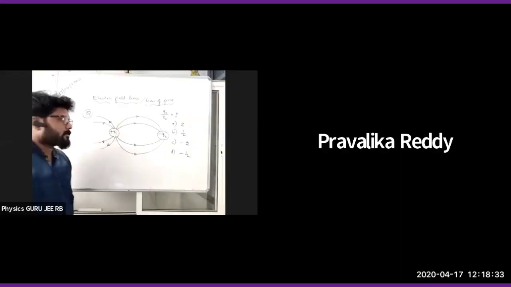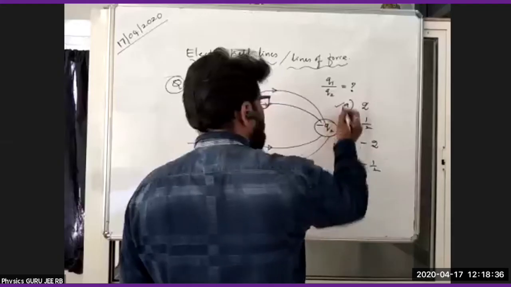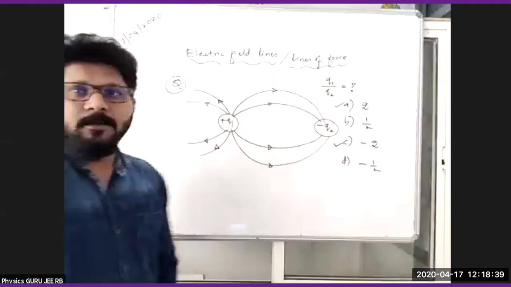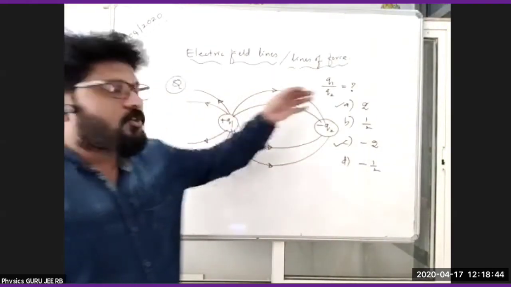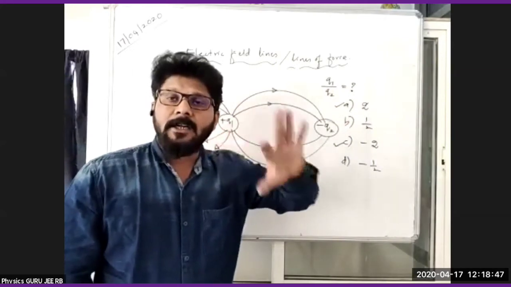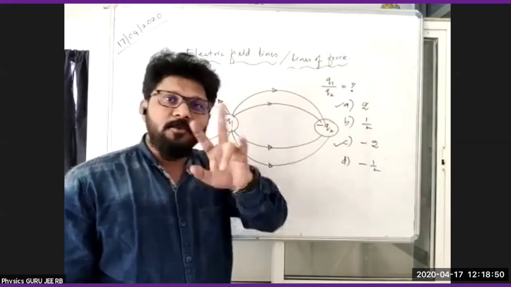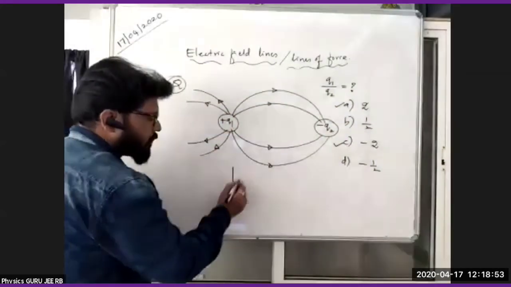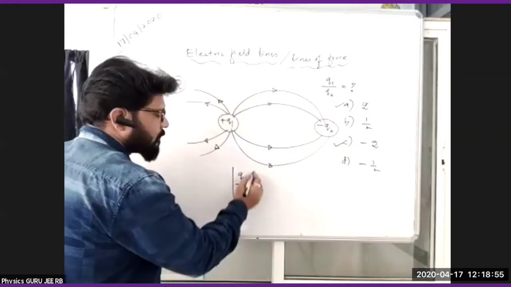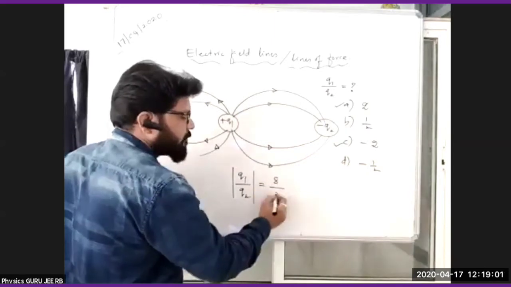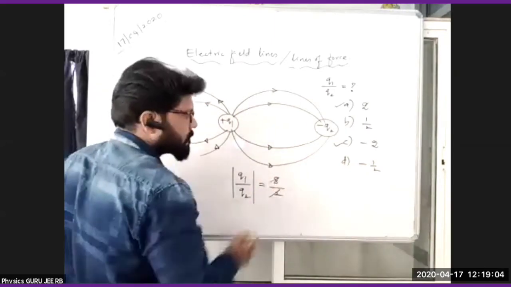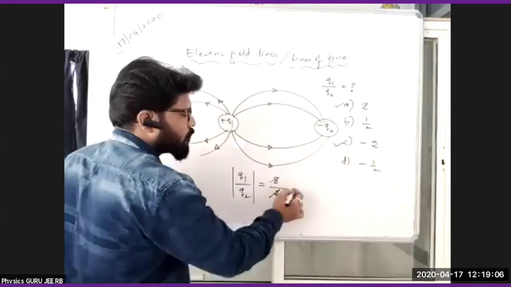Somebody saying C option, somebody saying A option, which is correct? Let us see. Now all of you, he is asking Q1 by Q2. He's not asking magnitude of Q1 by Q2. Two ways he can answer the question. Magnitude of Q1 by Q2 means this is nothing but 8 divided by 4, that is 2. So 2 will be the answer.